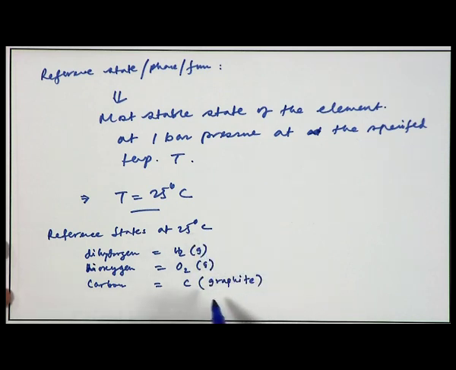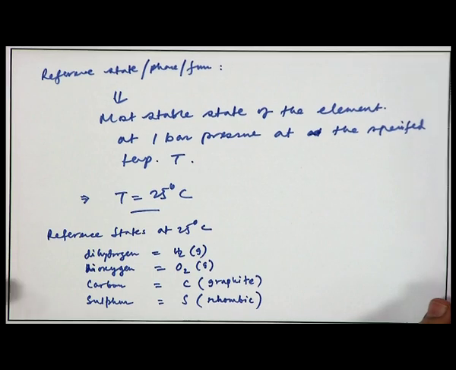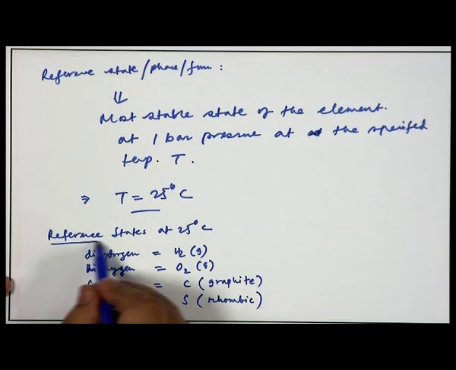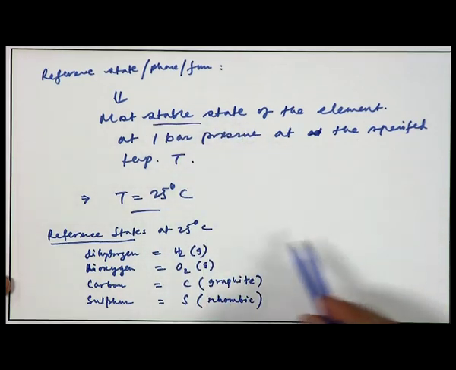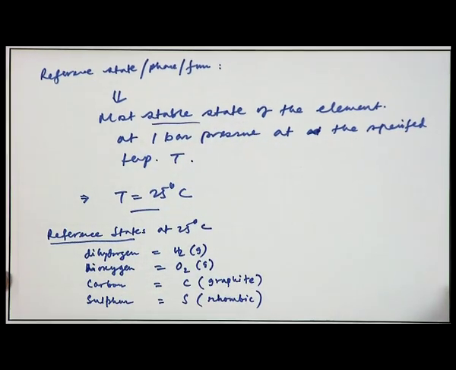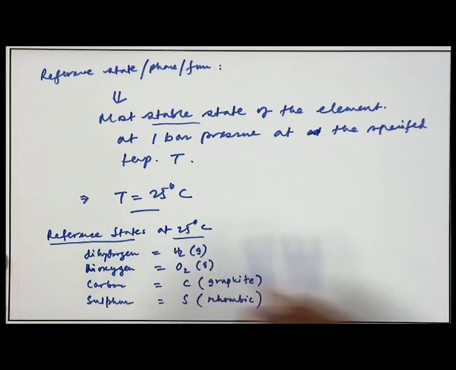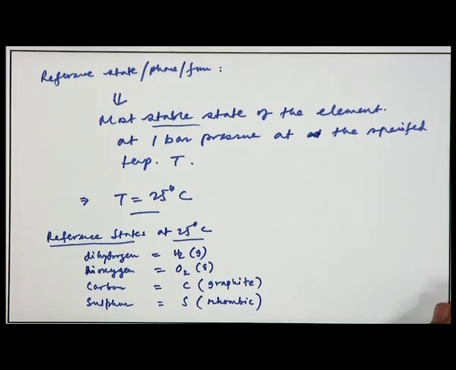Graphite is the stable form of carbon. Similarly, sulfur is in the rhombic phase. So, these are examples where the reference state is the most stable state of that particular element at 1 bar pressure and the specified temperature. In this case, we are talking about a temperature of 25 degree centigrade.